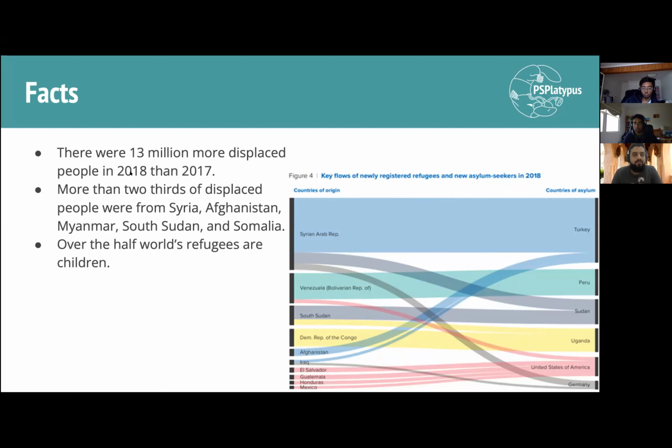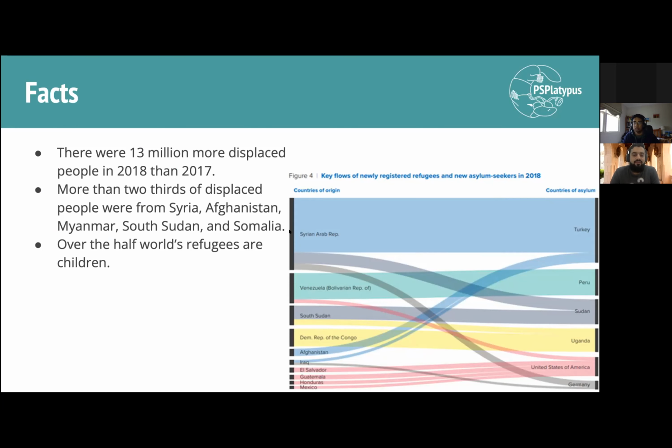And most of these 13 million people, or more than 2/3 of these displaced people, were from 5 countries that are facing civil wars or political issues. These countries are Syria, Afghanistan, Myanmar, South Sudan, and Somalia.